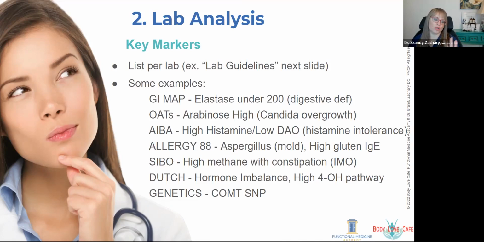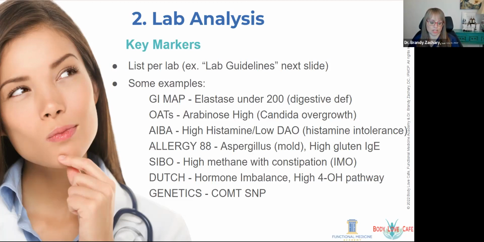On the ABA, when you see high histamine and low DAO, the enzyme that breaks down histamine, you're looking at potential histamine intolerance. Allergy 88, you see aspergillus high, and there also might be a sign of mold. You might see a high gluten IgE marker, but they're not celiac, so they could have a true gluten allergy, non-celiac.